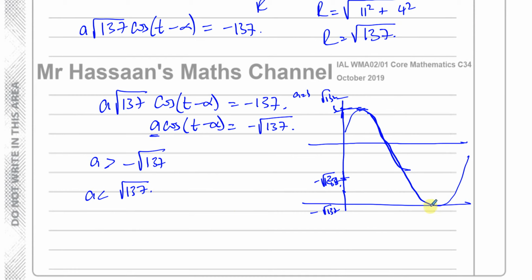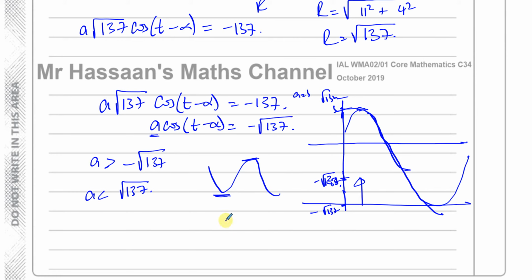So basically it will touch if you have the value here as minus root 137, and if it's lower than that, it's going to in fact cross, so it has to be higher than minus root 137. And also if I make the value of a positive root 137, then it's just going to be upside down, but it will still reach the same lowest and highest value of minus root 137 and plus root 137.